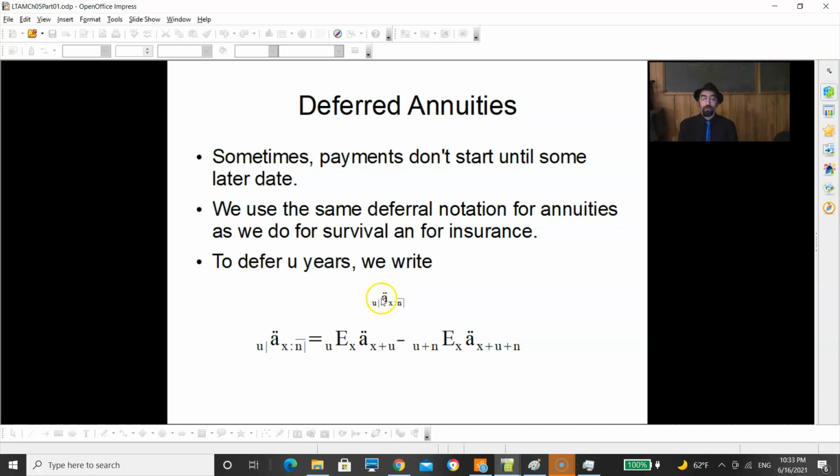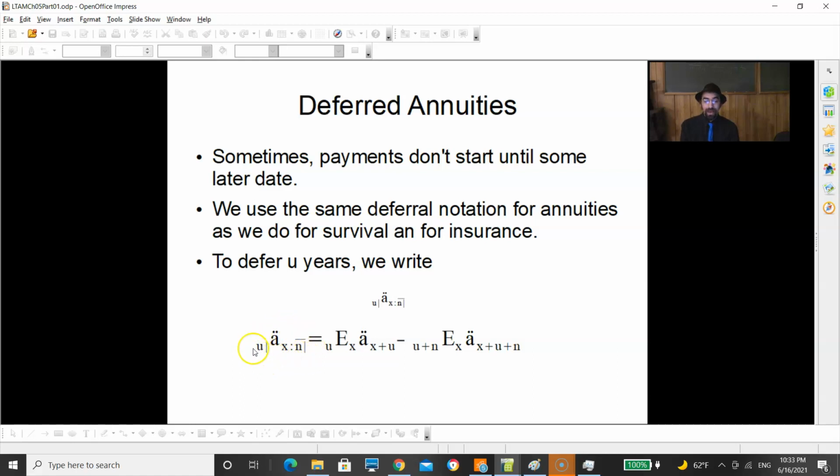It's going to start when the person is X plus U years old, and end when the person is X plus N plus U years old, right? It's going to last for these N years, or until the person dies, whichever comes first. All right.